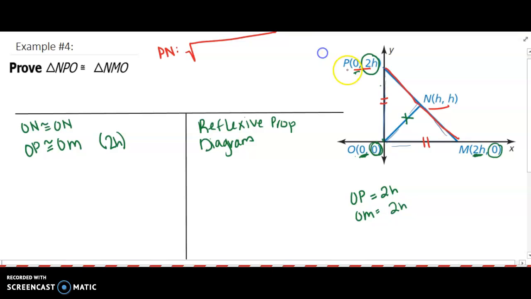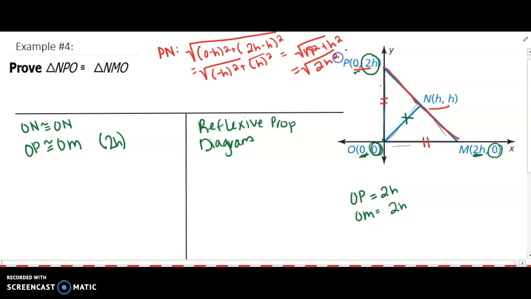So square root of, so 0 minus h squared plus 2h minus h squared, which is negative h squared plus positive h squared, which is h squared plus h squared, which is the square root of 2h squared. And if we actually, let's not even simplify that. We can just leave it here.